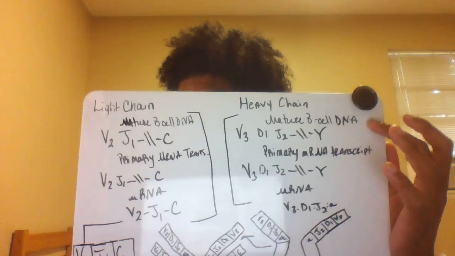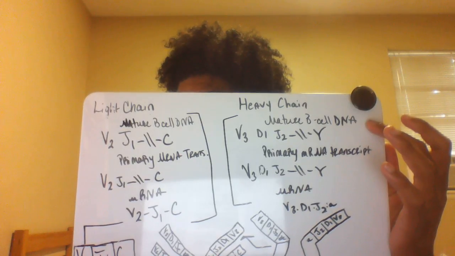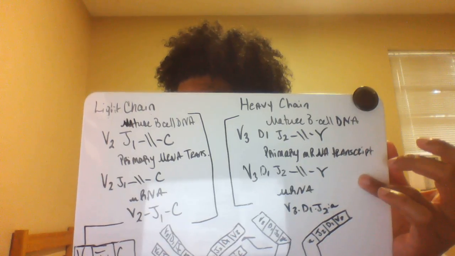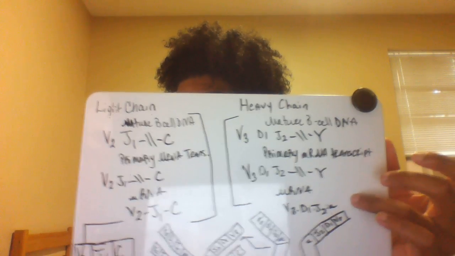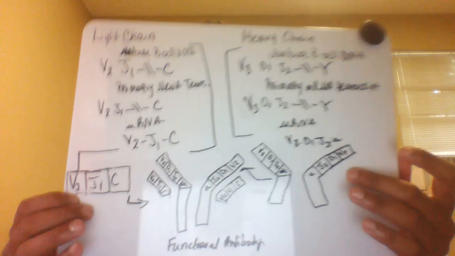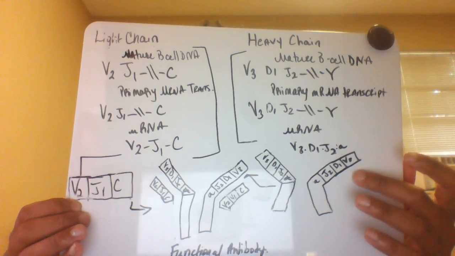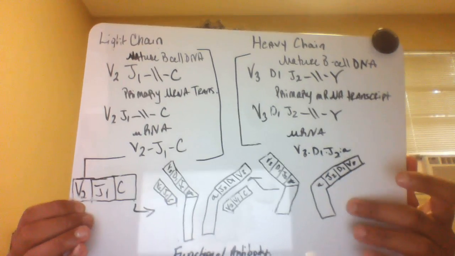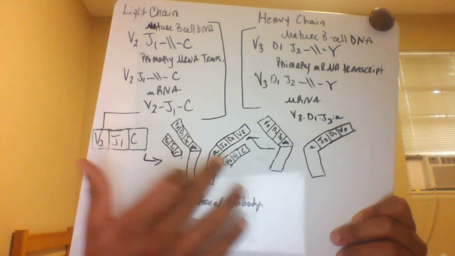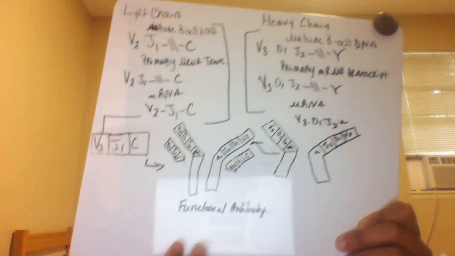It begins at the mature B cell DNA, then primary mRNA transcription, then it becomes the messenger mRNA. And here is what the representation of this looks like. When they combine, these will combine tightly to each other to create an antibody.